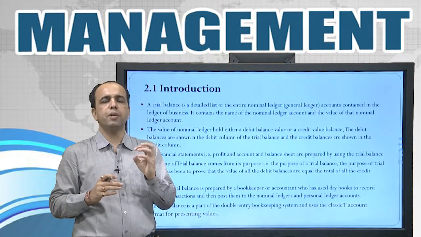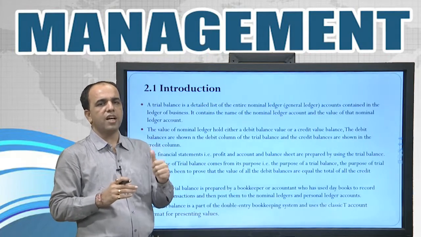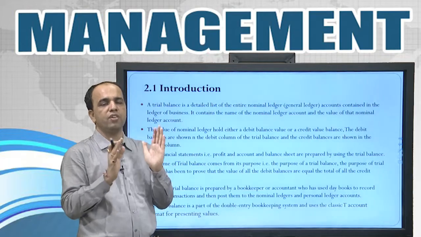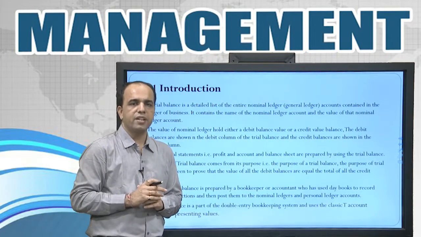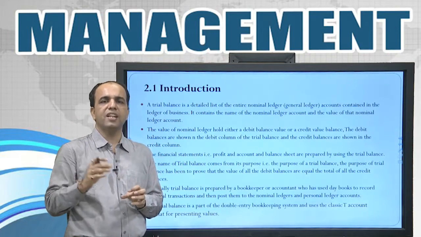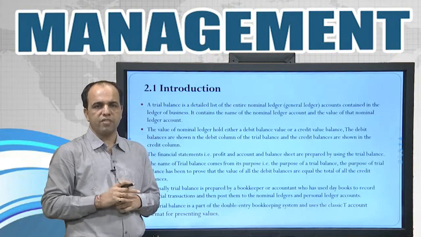Trial balance we prepare to find out any mathematical error. If your trial balance agrees with the same amount, it means whatever we have recorded as far as the amount is concerned is correct. But as far as errors of principle and clerical errors are concerned, we have to locate the various errors.